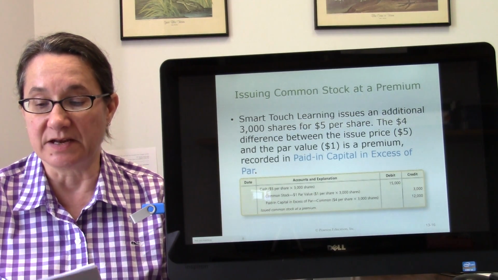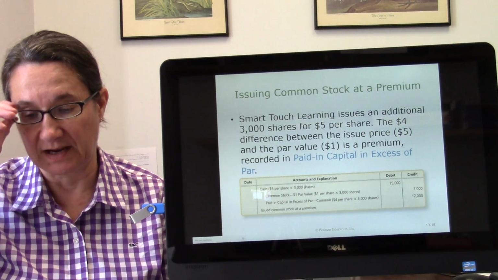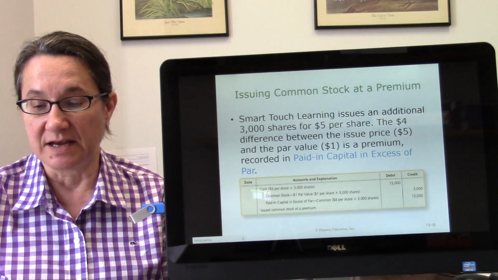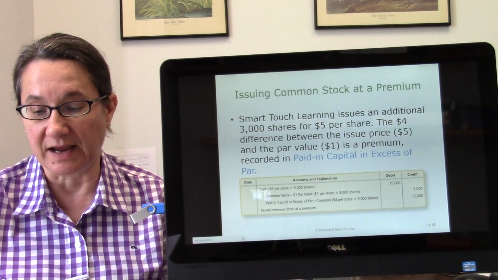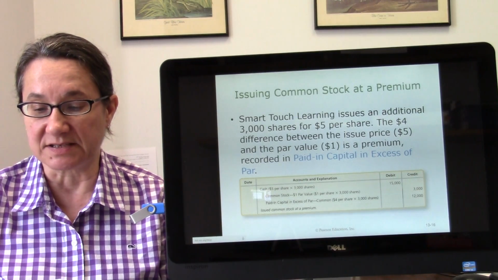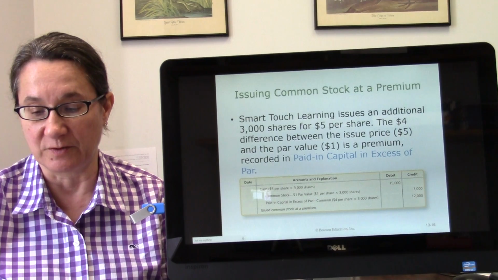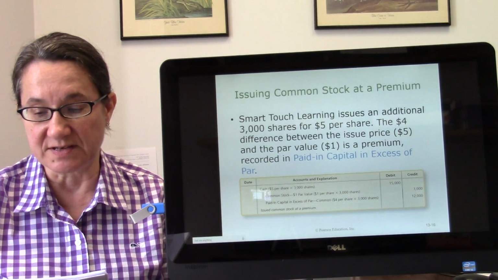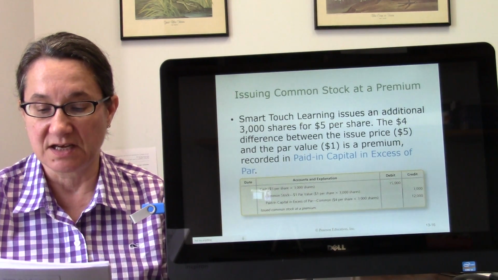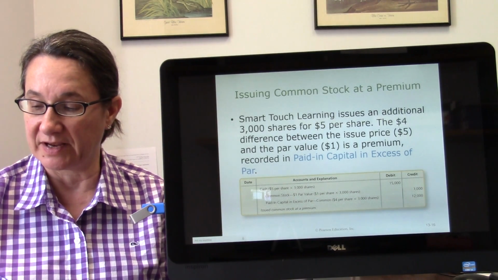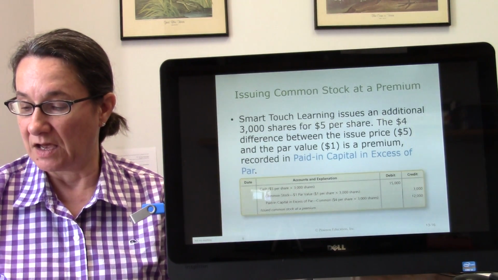The premium is another type of paid-in capital account known as paid-in capital in excess of par. It is also called additional paid-in capital. Paid-in capital in excess of par represents amounts received from stockholders in excess of par value. The journal entry includes a debit to cash of $15,000, a credit to common stock of $3,000, and a credit to paid-in capital in excess of par common, $12,000.